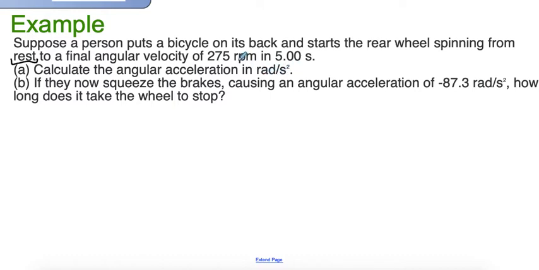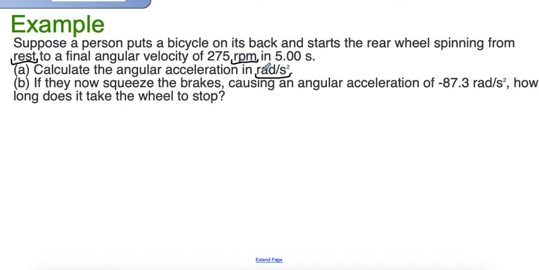So I said RPMs here, rotations per minute, and we're looking to get radians per second squared. So we're going to have to do some conversion here to turn this into radians per second. And we're also using 5 seconds there. So that's how we know that we're going to have to change from minutes to seconds. And this is how we know we're going to have to change from rotations to radians.